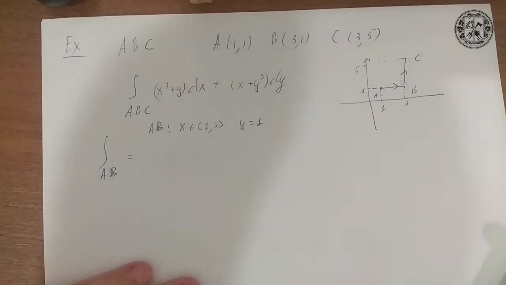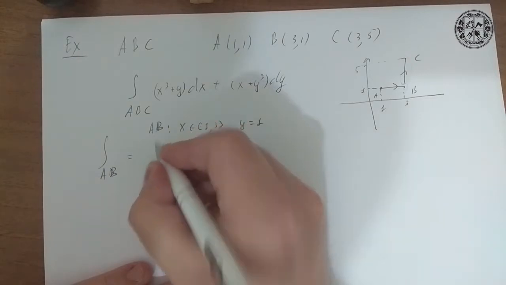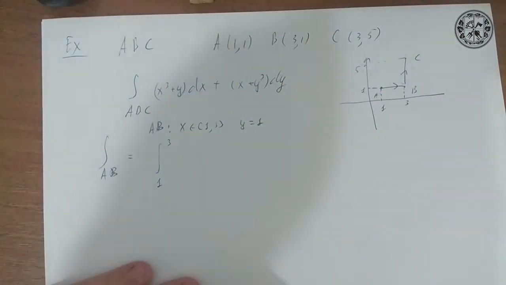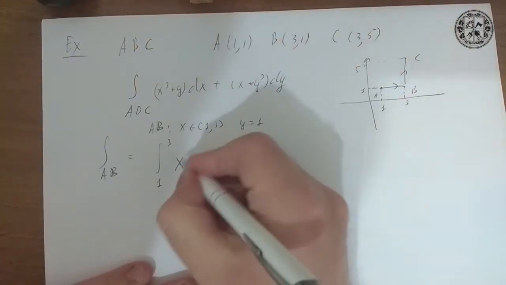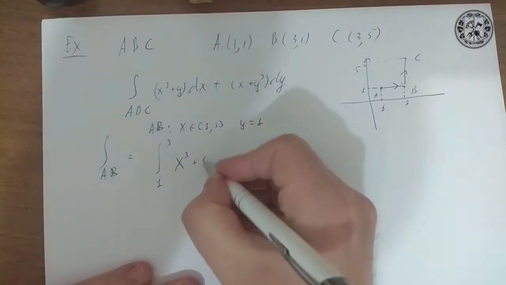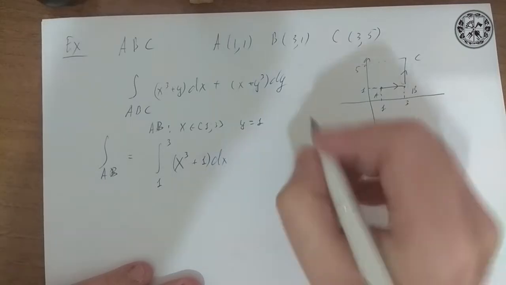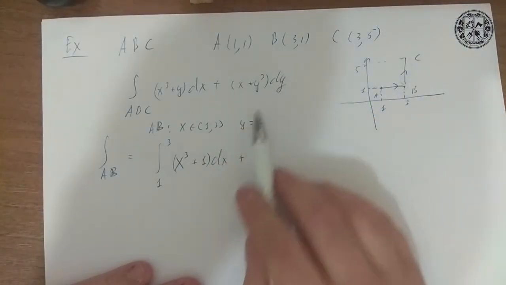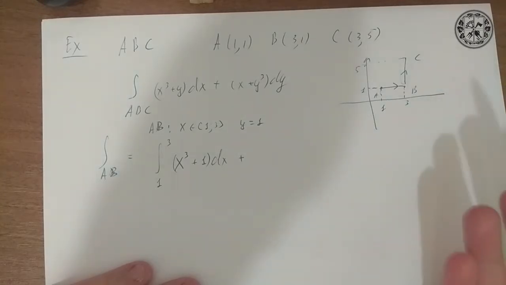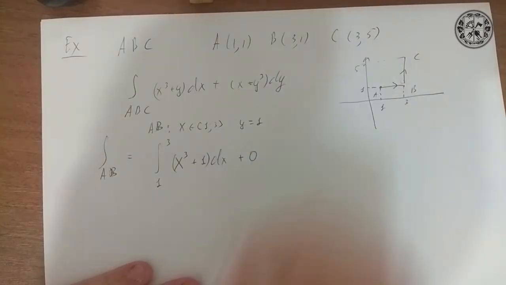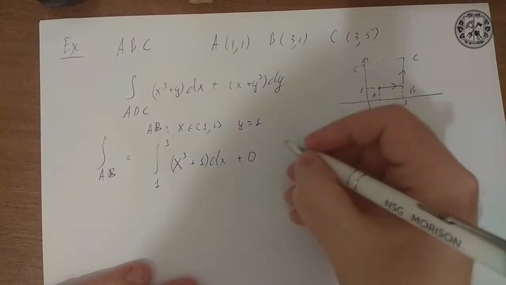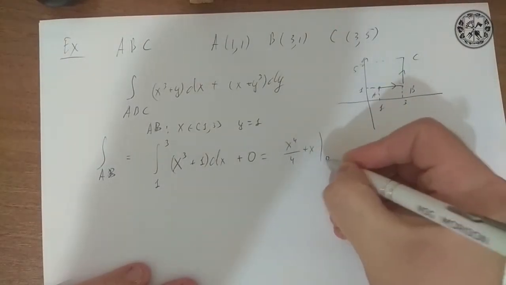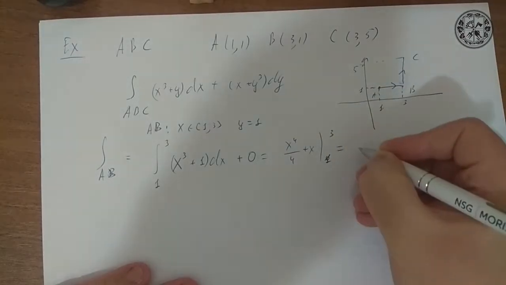Then we will get the x part, integral from 1 to 3. Here x cubed remains the same, y is 1, and the x in the end. Plus, here is dy, but y is not changing, so the differential of y will be 0. Here we'll get x to the power 4 over 4 plus x from 1 to 3, and we will get 22.